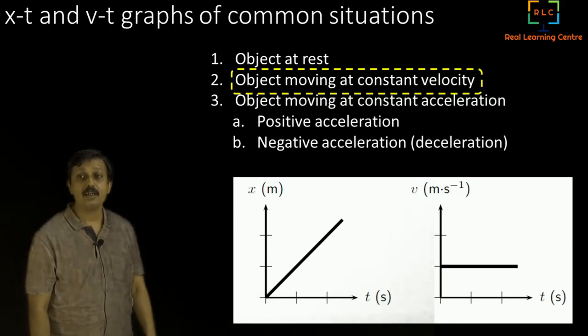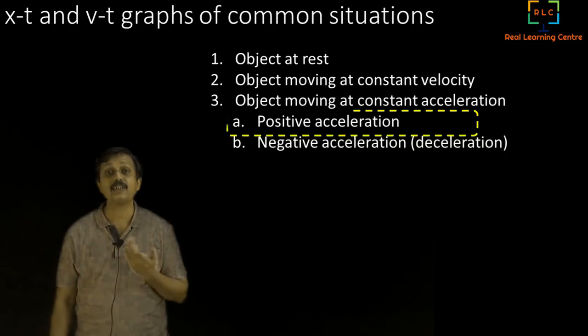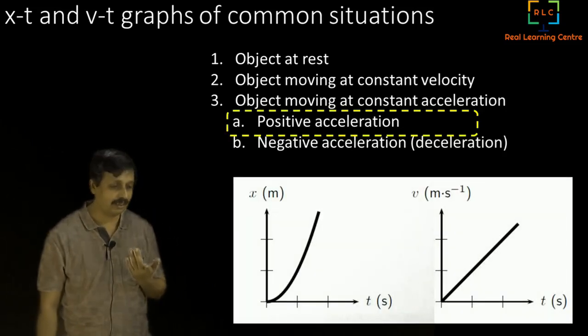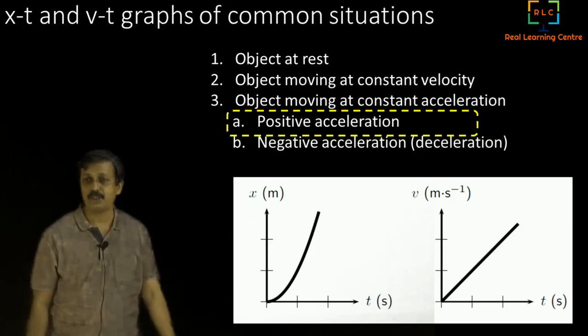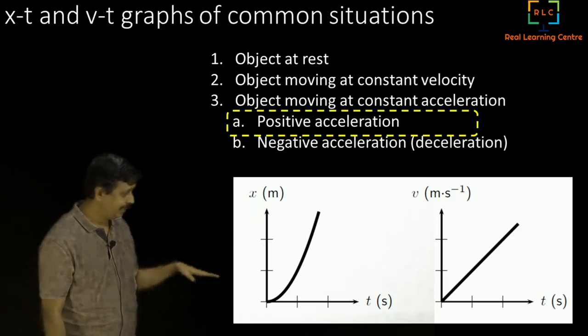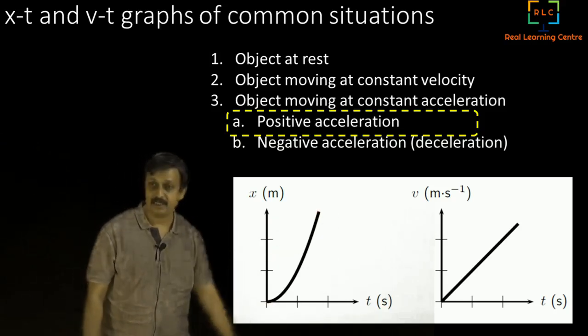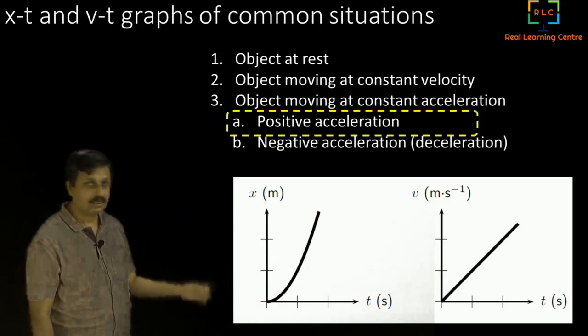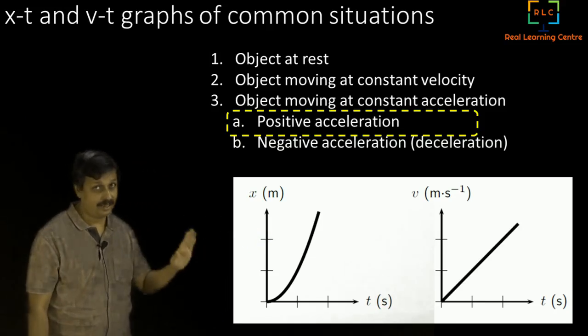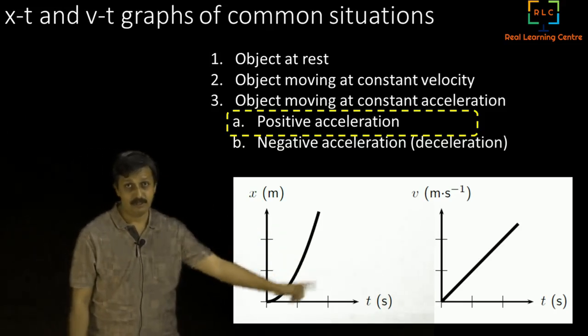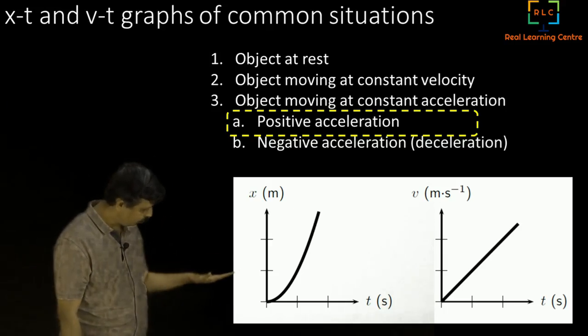And for an object moving with constant acceleration, positive acceleration, we just saw how the parabola comes into the picture. This is our x-t graph, and the v-t graph is a straight line. The slope of this x-t graph, I said, is always v. Initially it is slowly picking up.